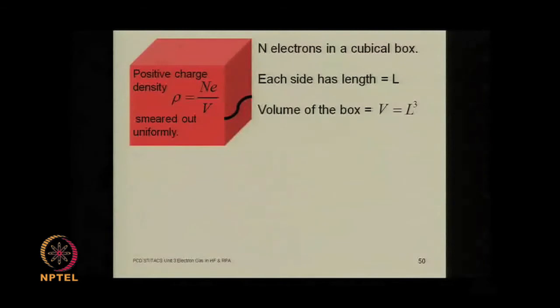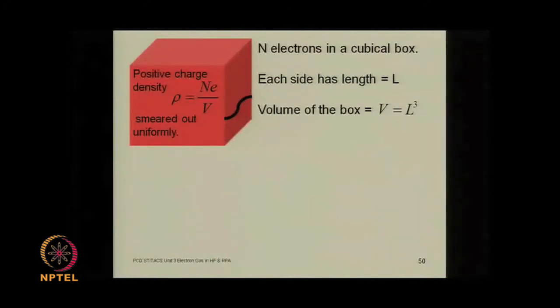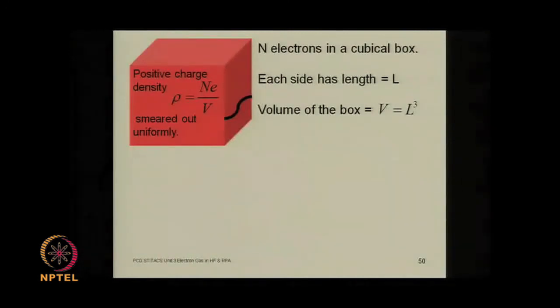You can write them as e to the i k dot r. These are travelling waves, plane wave solutions for free electrons. That is the nature of the solution that we are going to work with, but then we will normalize them according to box normalization. So, these are like a quasi continuous spectrum. That is the model we have.